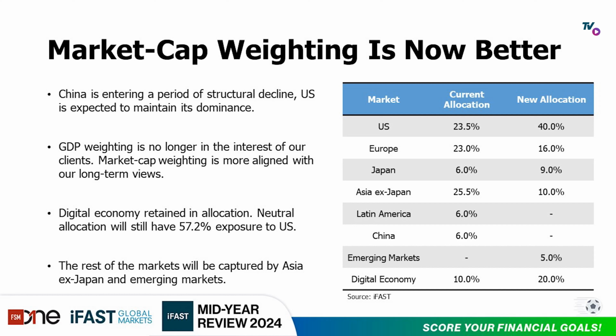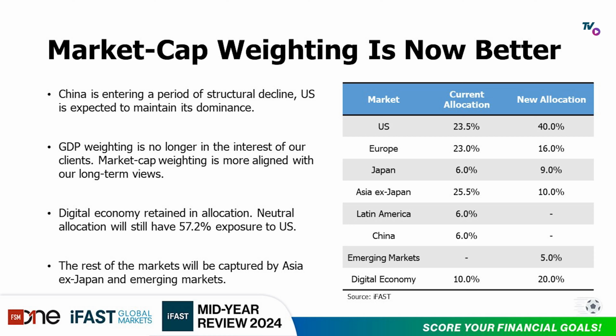One of the modifications that we have done to our allocation is actually the addition of a 20% allocation to digital economy stocks. This is a standalone component that we have retained from our previous allocation. Previously, we also had an allocation to digital economy, and in fact, we had a 10% allocation to digital economy stocks. We have kept this in our new allocation, and we have since increased the percentage allocation to 20%.